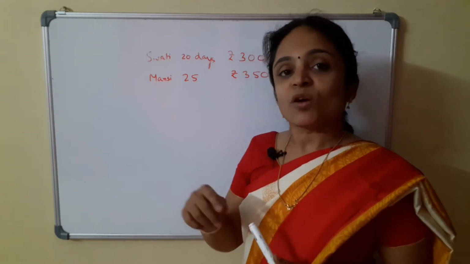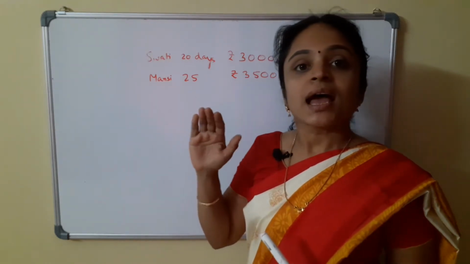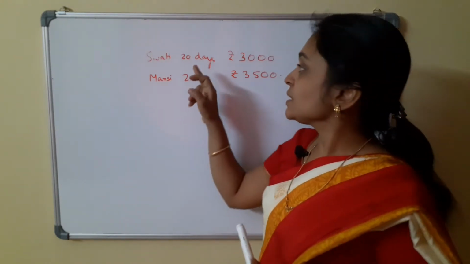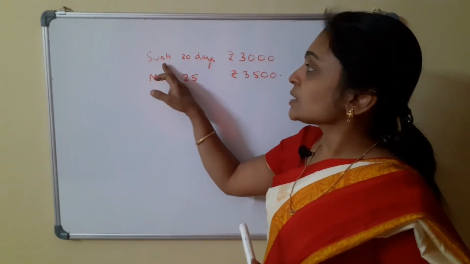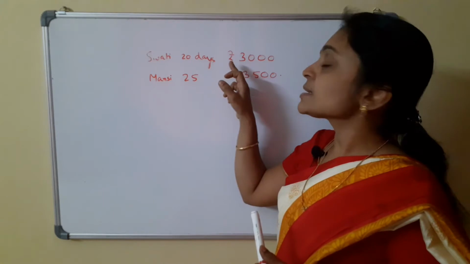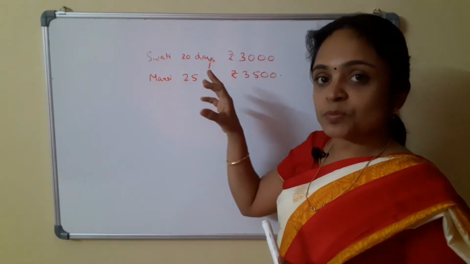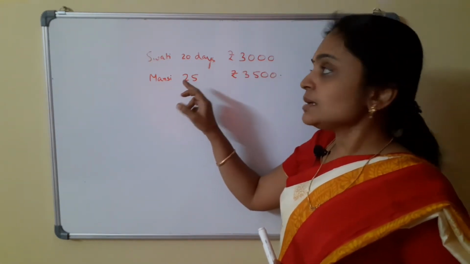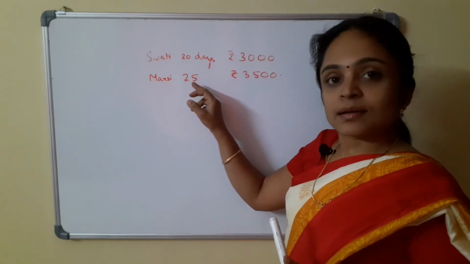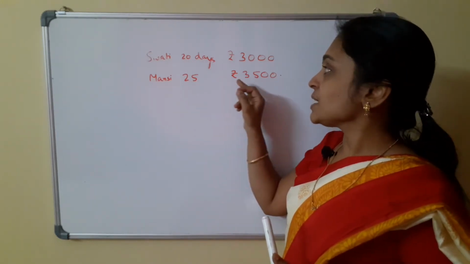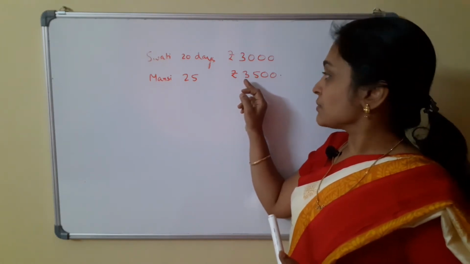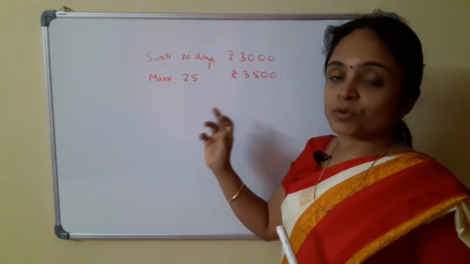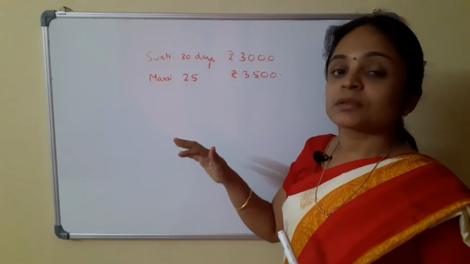Next question is, in a hostel, there is a fixed charge and the remaining charge depends on the number of days one has taken food. Swati takes food for 20 days and she has to pay 3000 rupees that month. And Mansi took food for 25 days and she has to give 3500 rupees for that month.